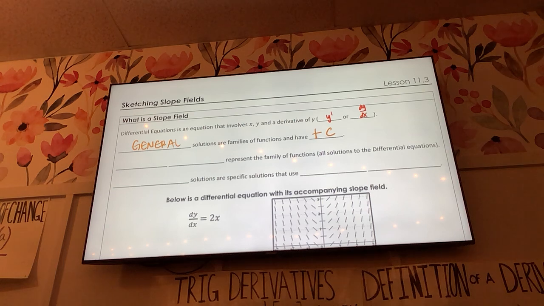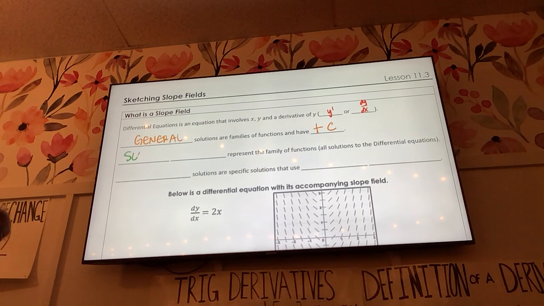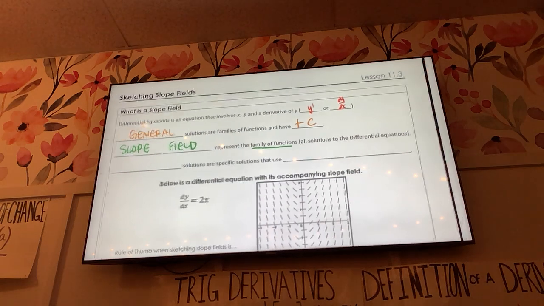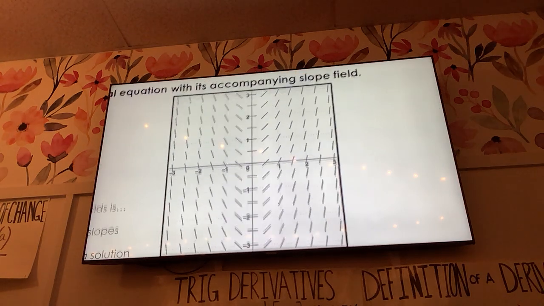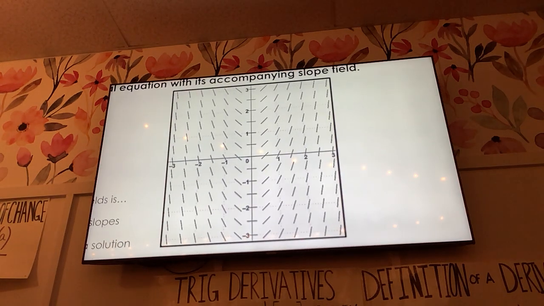So how that relates to slope fields is the slope field is going to represent the family of functions of the differential. So it kind of represents the general solution. So if you think about it, just as a very basic example, these are all of the possible general forms.